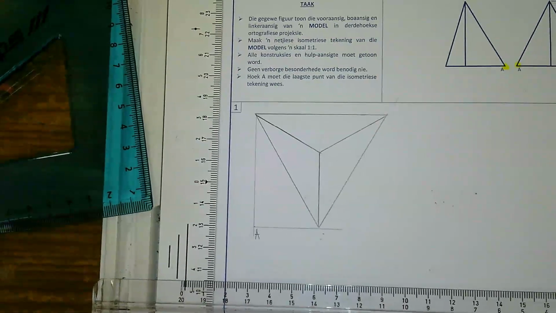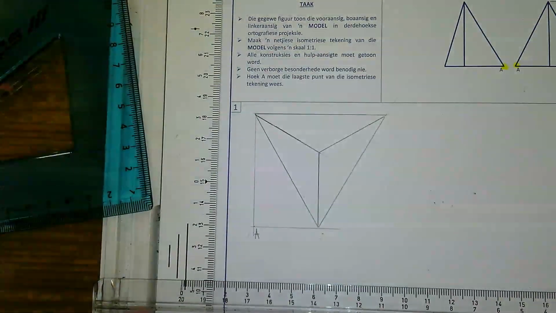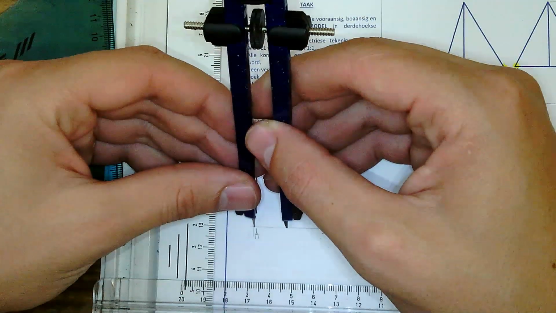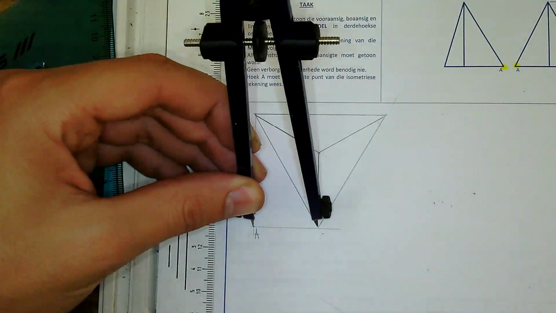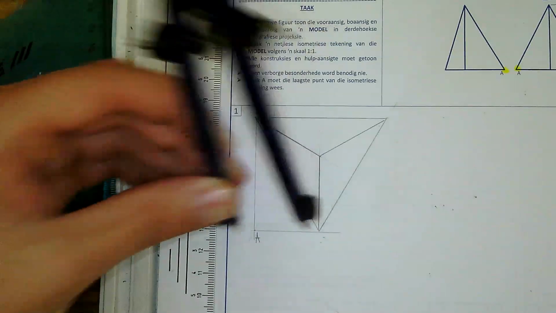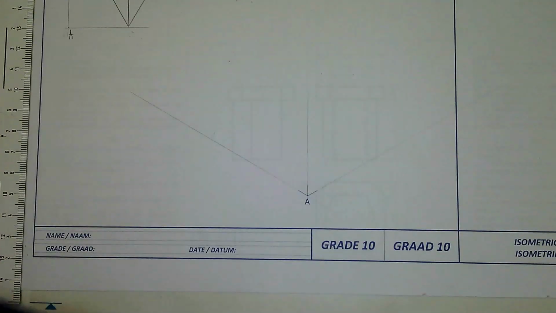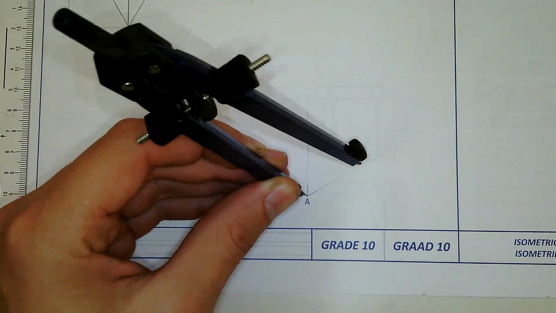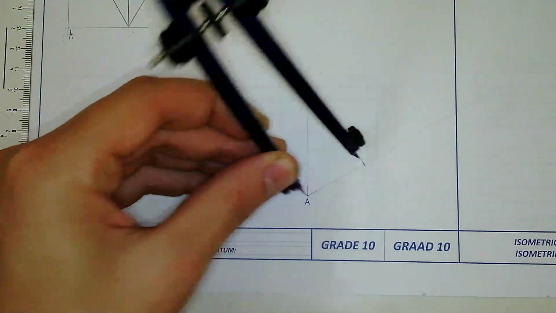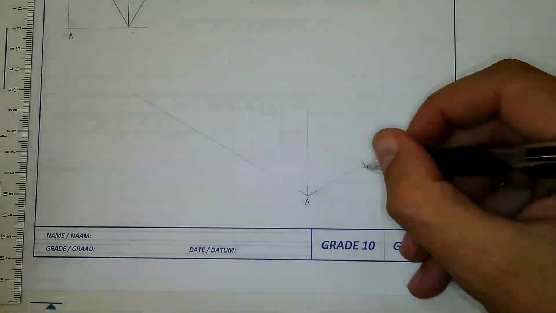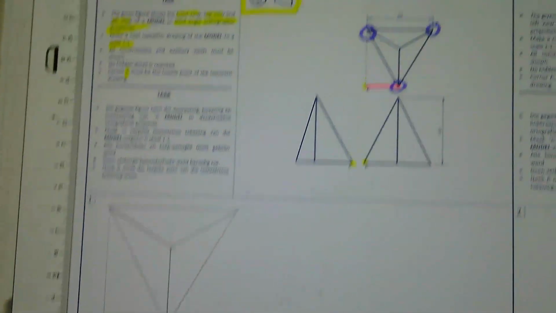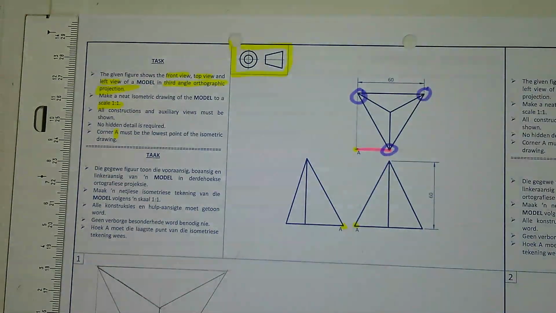You can take your compass, put it on point A, extend it to that point. Now you can go to your isometric drawing, put your compass on point A, and copy to that line. Now you have that point.